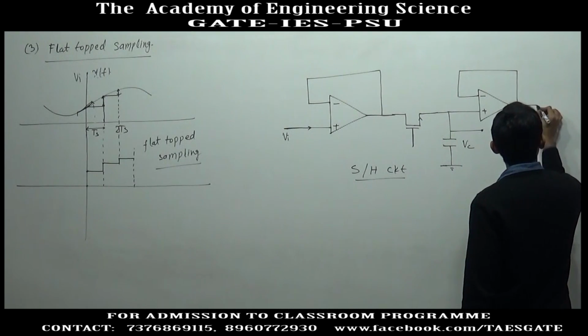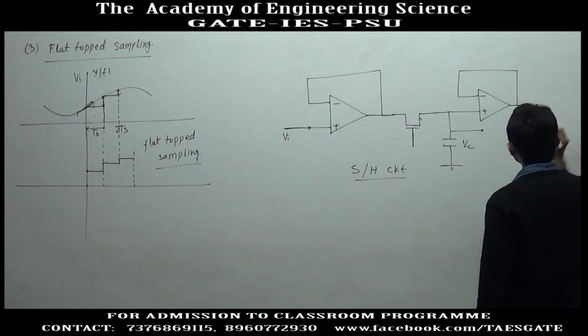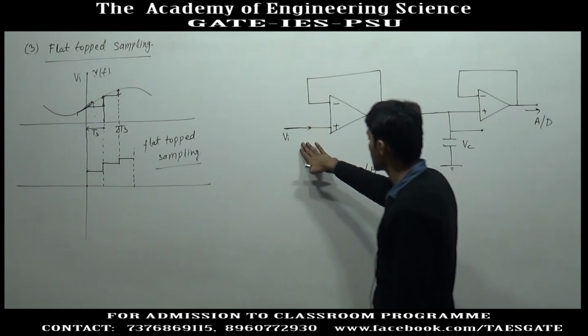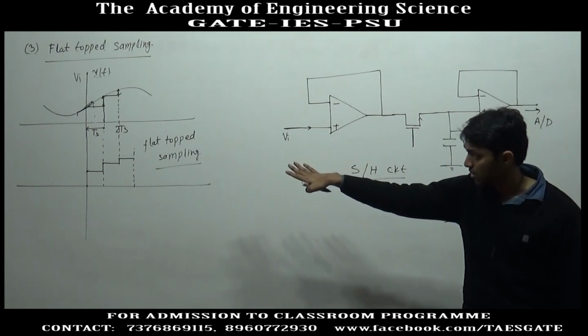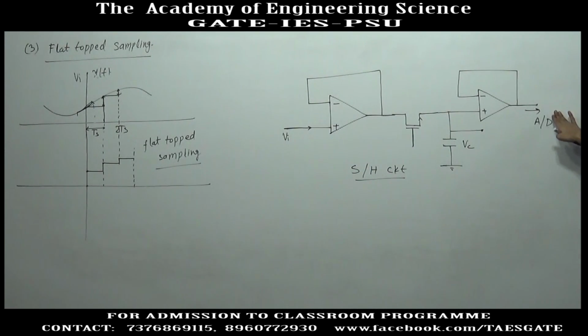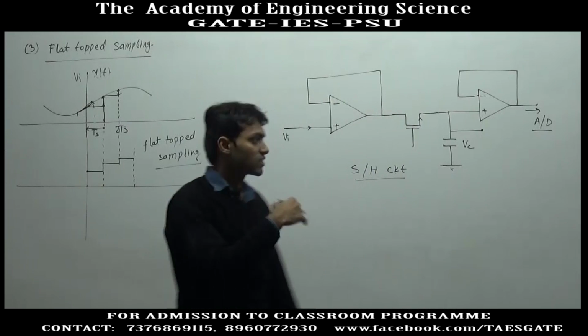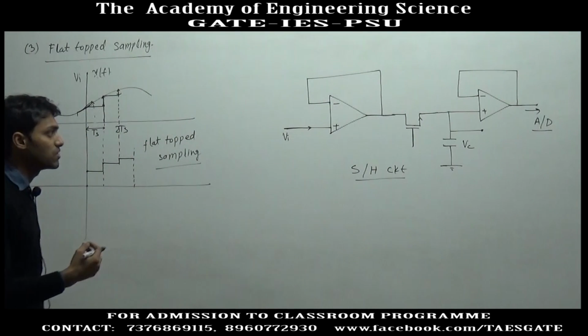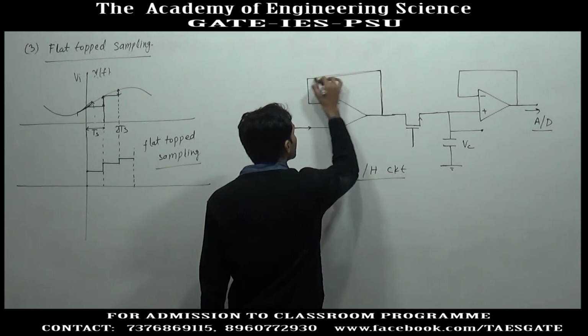Now, this analog signal is fed to an analog to digital converter. So, this way we take an analog signal, we sample it using this circuit, we get a flat top signal, and then the signal is sent to the analog to digital converter, and this way the signal is digitized and then further processed for communication. Now, this is a negative feedback circuit.